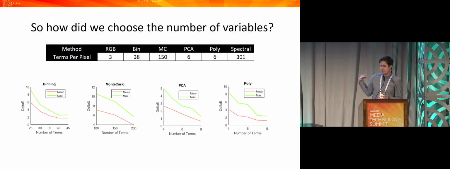We found that there's some curve where eventually, even if we add a lot more terms, we don't get a lot lower delta E in our data. We tried to apply that logic even to ones that we couldn't see, and we settled on the numbers in this table. And by the way, all of this data exists in the paper that will be published, and you can take more time to digest it there.